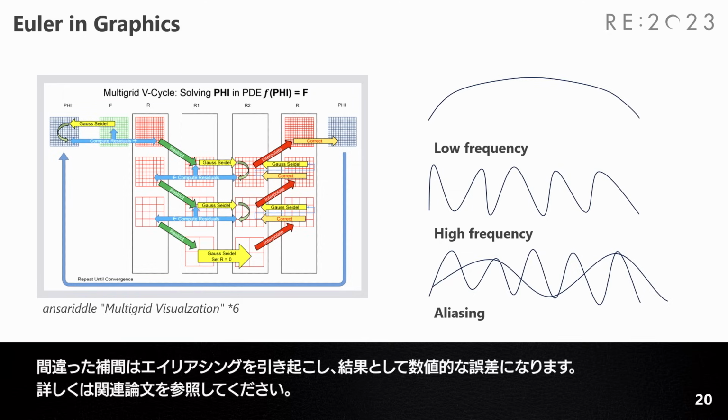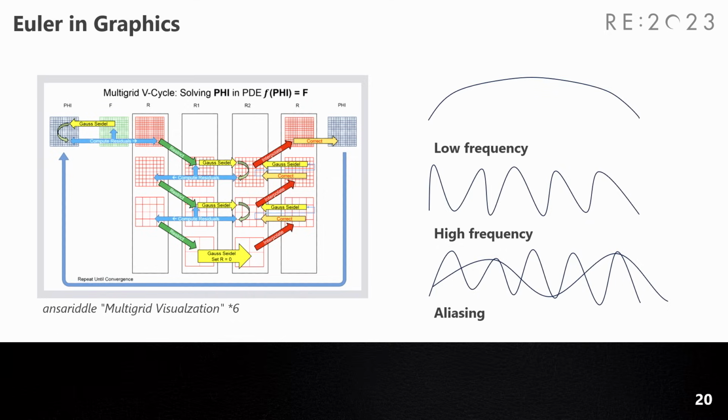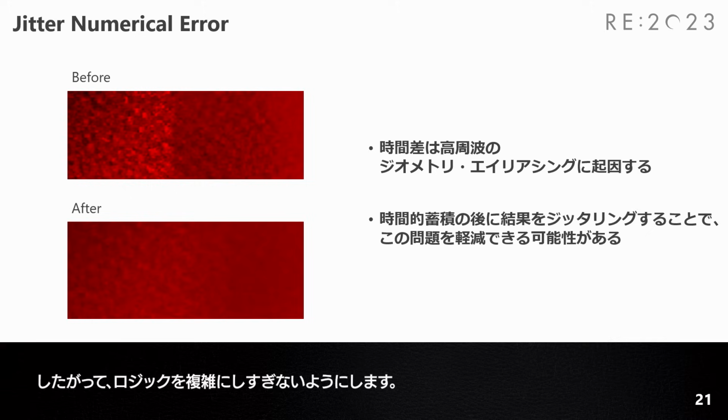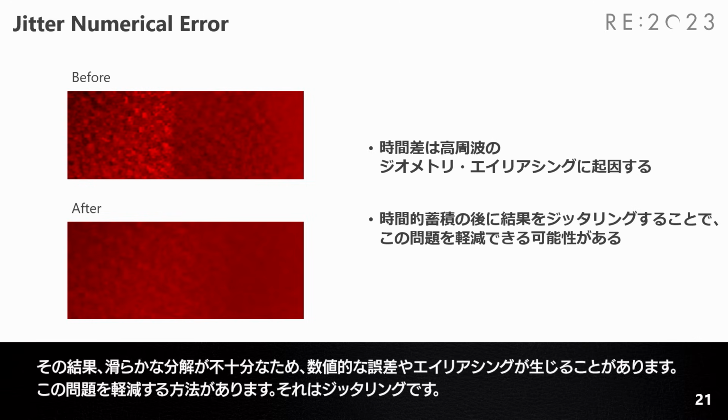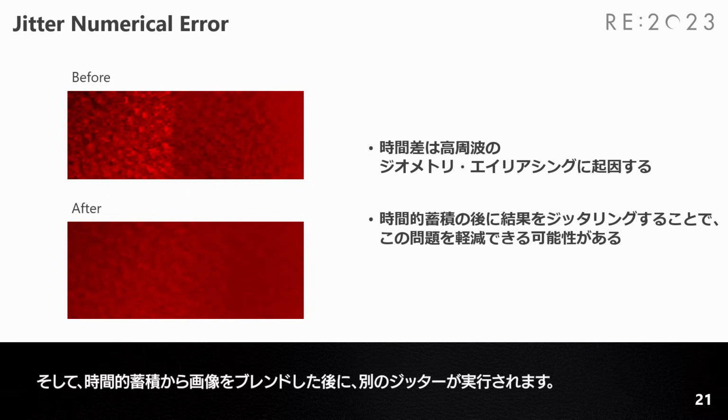As a result, for details, please see the related papers. So, to not make the logic too complicated, even if the result contains some numerical error or aliasing from inadequate smooth decomposition, there is a way to relieve the problem: jittering. And another jitter is executed after blending the image from temporal accumulation.